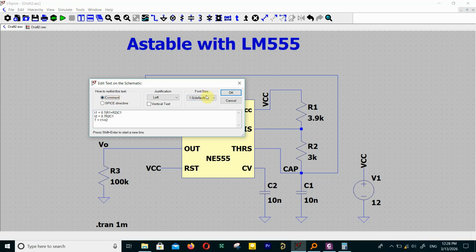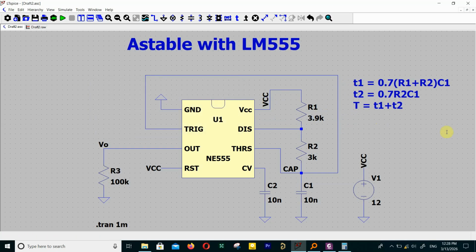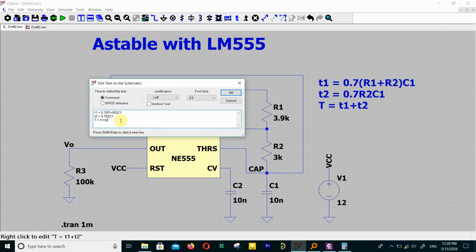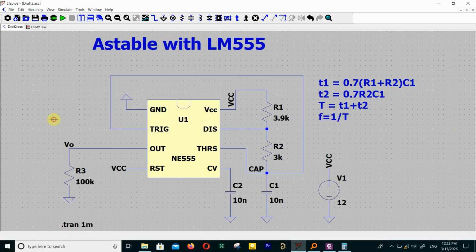I'm going to comment this to have it as our total time, and so the frequency would be 1 divided by T, of course.